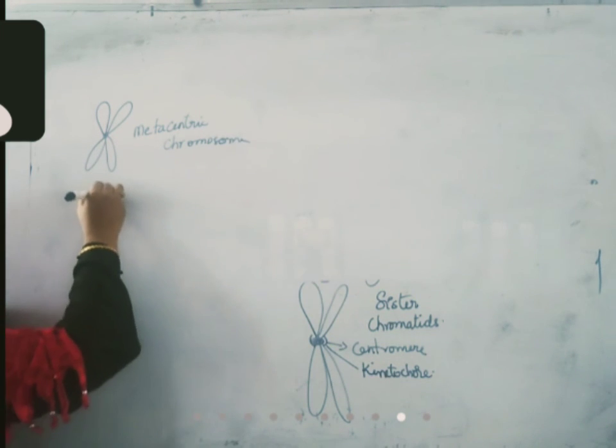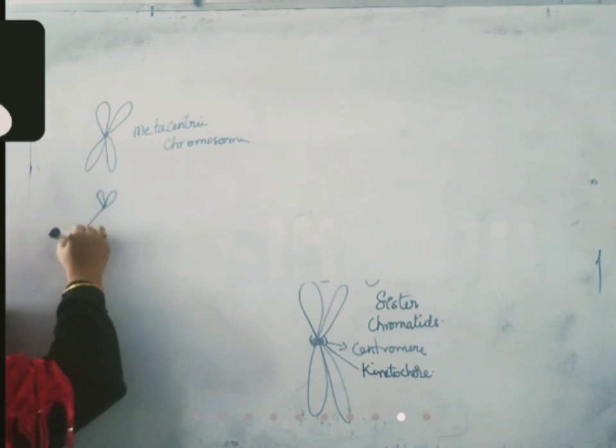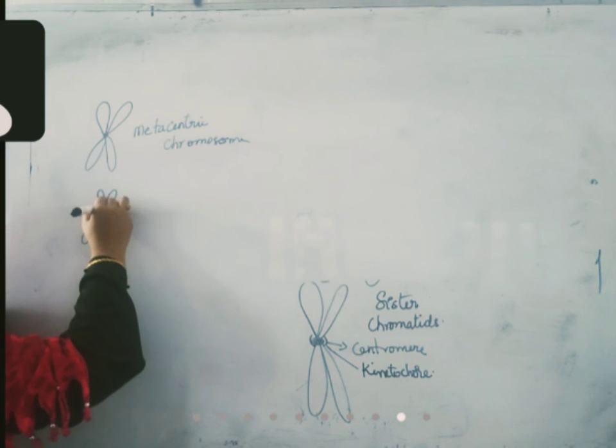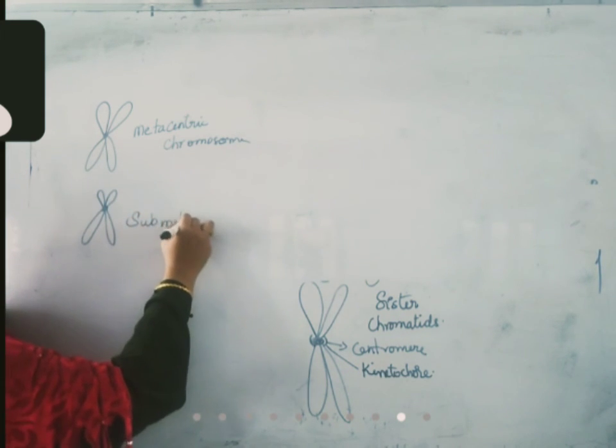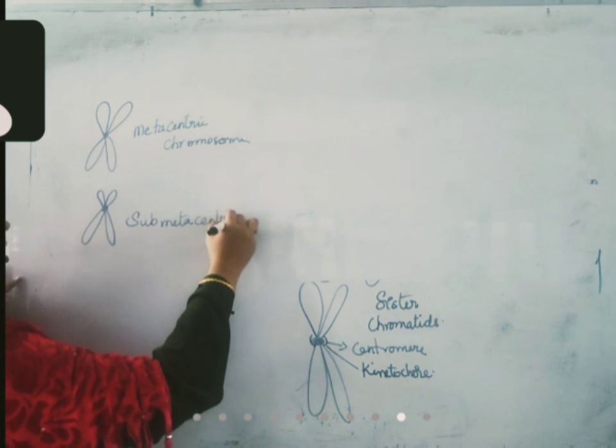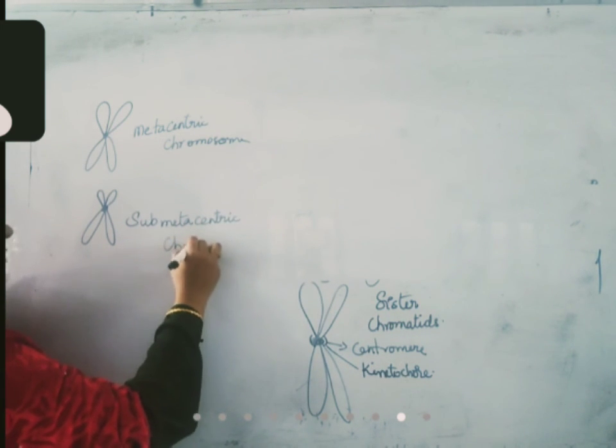When one arm is a little larger than the other, it is called a submetacentric chromosome.